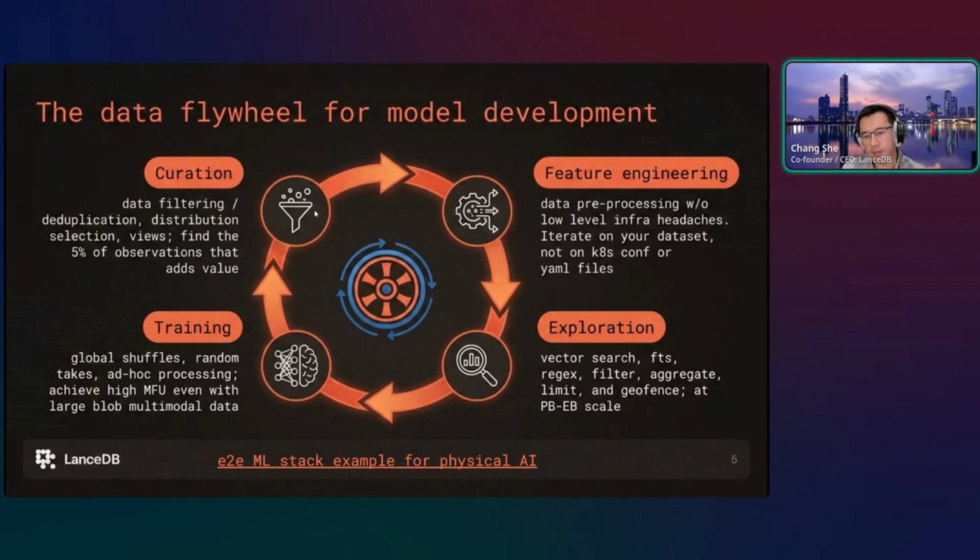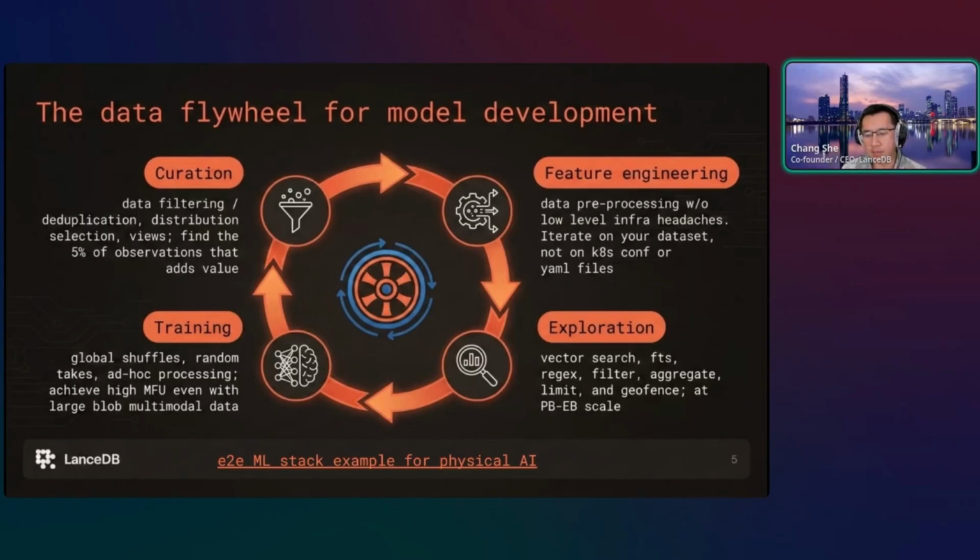Once you have some of that reduced data set, you're going to start to enrich that through this feature engineering process. Maybe you are extracting metadata, you're extracting entities from images, you are creating embeddings, you're generating captions, you're extracting geospatial information.